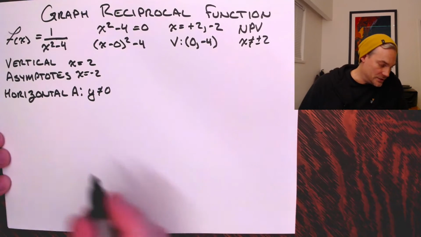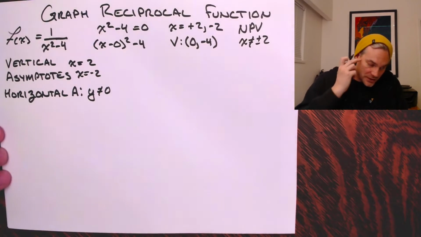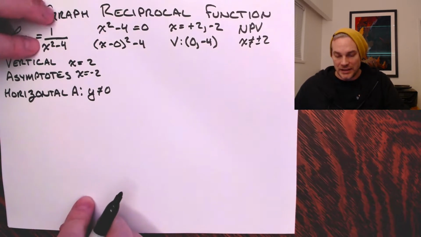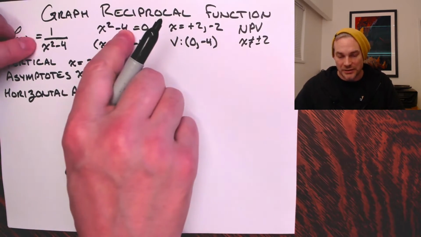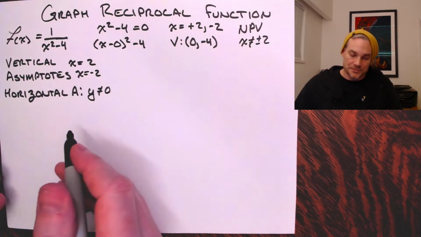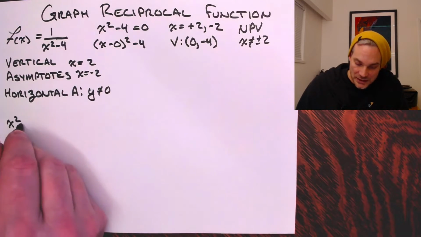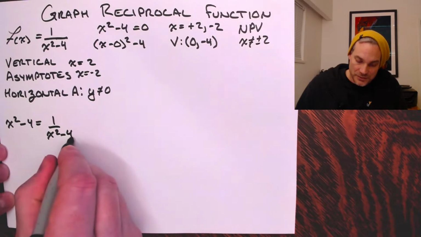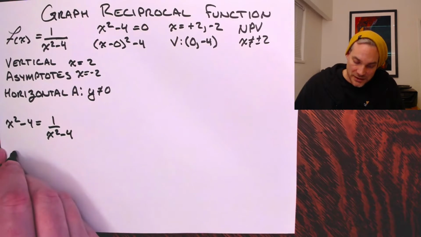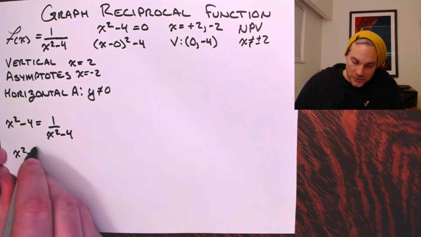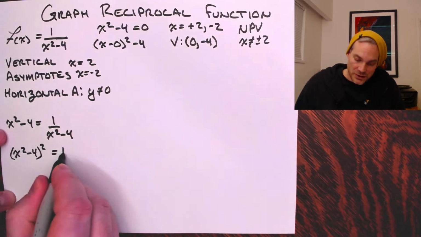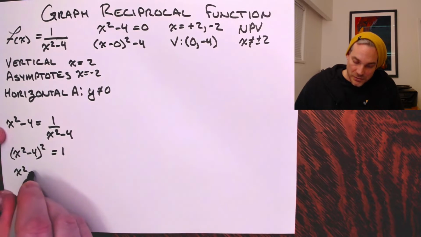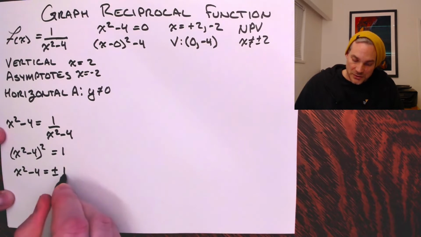Now, what we want to do is find the invariant points. Invariant points are when the parabola and the reciprocal function are equal to each other. So I say that's when x squared minus 4 equals 1 over x squared minus 4. If I solve this, I end up with (x squared minus 4) squared equals 1. When I take the root, I have x squared minus 4 equals plus or minus 1.